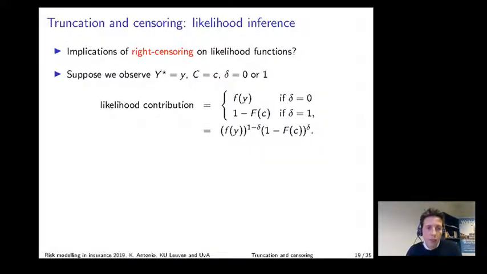That is, that its completely observed loss or outcome will be larger than C. And for such observations, in our notation, the indicator variable delta is equal to 1.